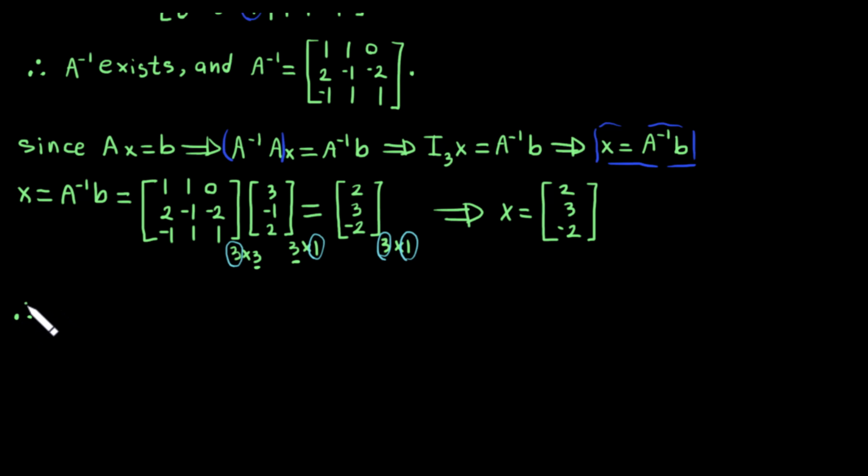Therefore, the linear system which we called Ax equal b has a unique solution.